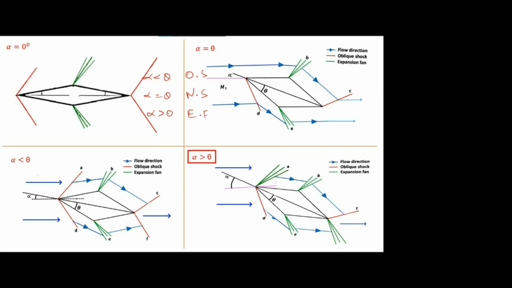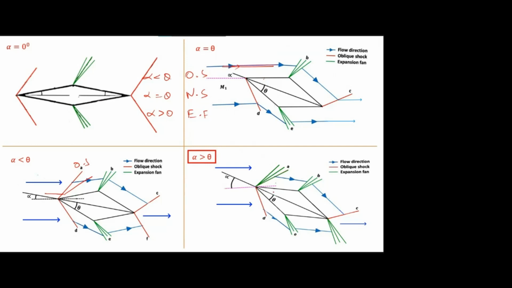If alpha is less than theta, then flow will be deflected into itself, so there is an oblique shock. If alpha is equal to theta, then the free stream direction and this wall are both parallel, so there is no shock, the flow just passes through.